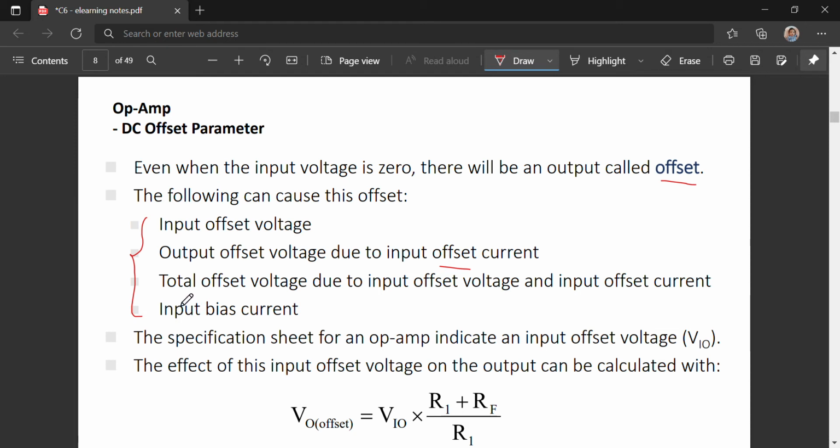There is also the total offset voltage. This is due to the input offset voltage and also the input offset current. The input bias current can also cause this DC offset parameter.